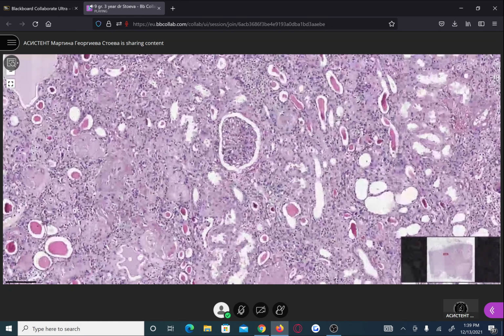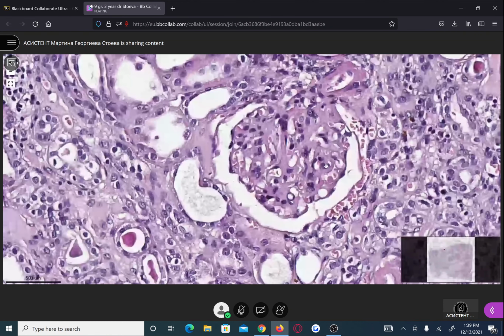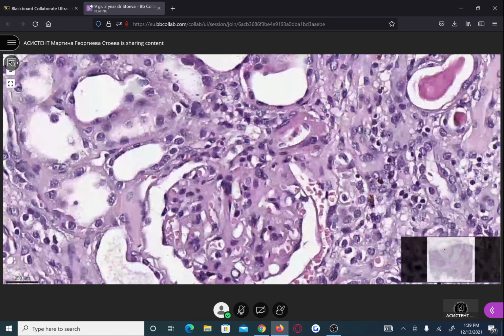like in our case. I'm searching for an area where, yeah, here. You can see that there is one glomerulus with arterioles. Here is the one and another one here, but only one of them is hyalinized. This is due to the fact that here the cause is benign hypertension.